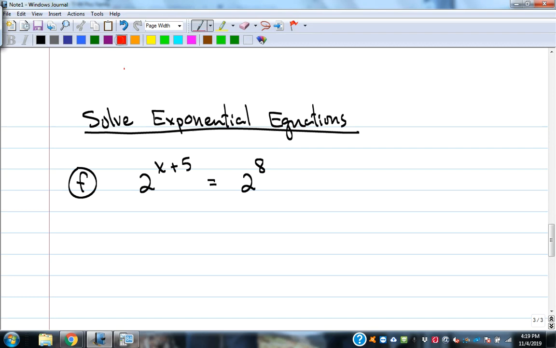What that allows you to do is, if 2 to this exponent is equal to 2 to the 8th as an exponent, then those two exponents have got to be equal to one another. So if we can get the bases the same, we can set up a quite easy equation: x plus 5 equals 8, and solve that and get x equals 3.